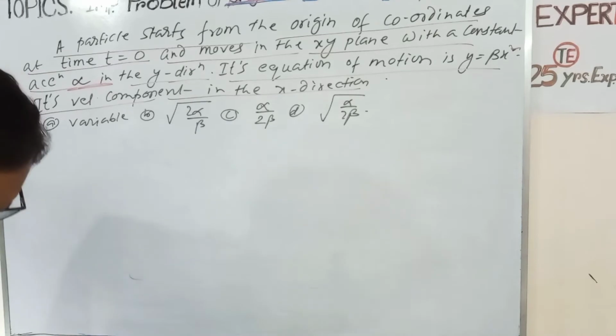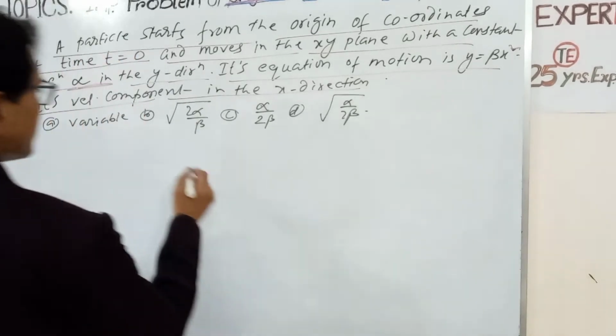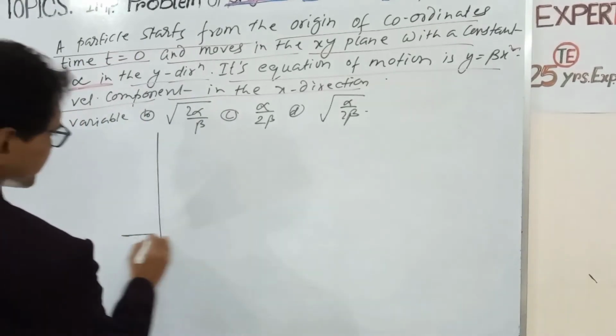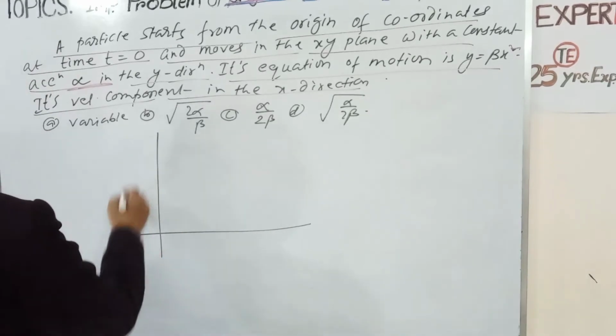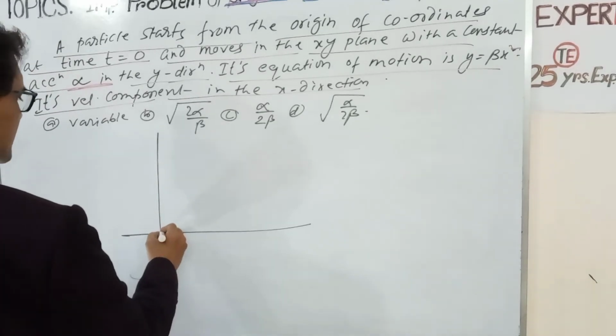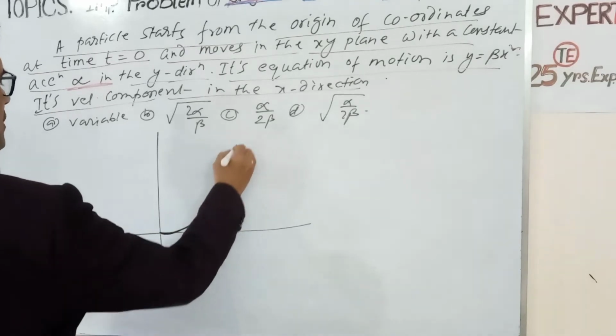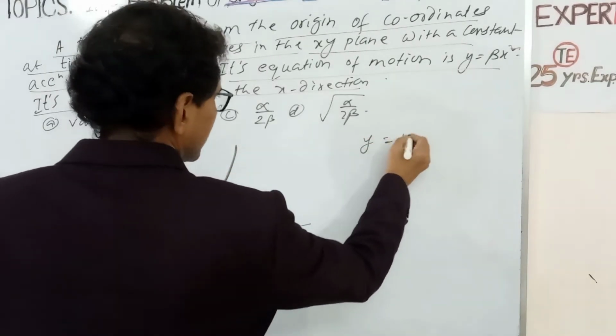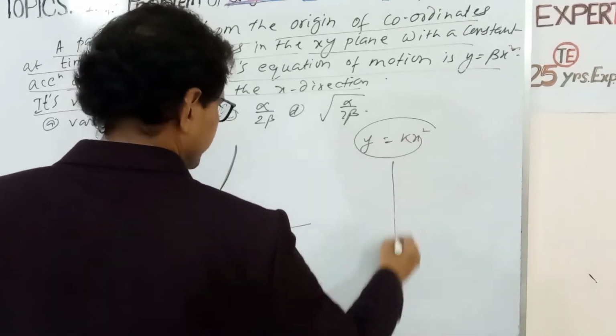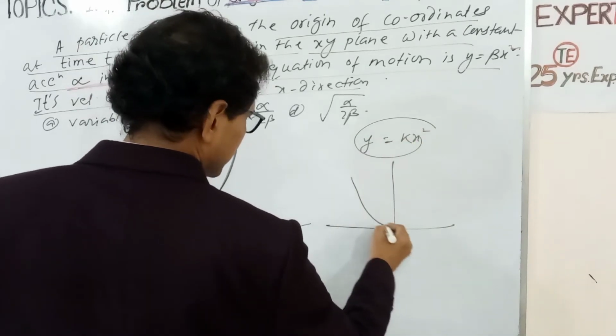So the path of the particle will be like this way. y equal to beta x square. This is the path of the parabola. We know y equal to kx square, this will be the path of the parabola.